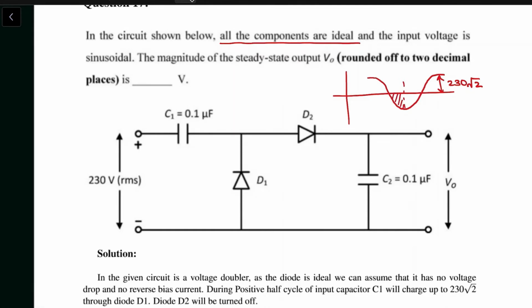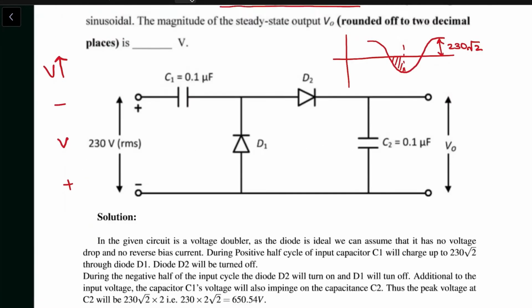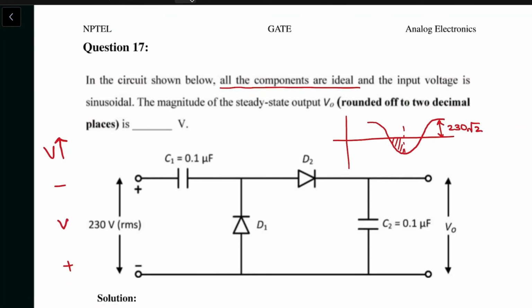So in the negative half of the input cycle, the input voltage with polarity V is now rising to 230 root 2 volts.